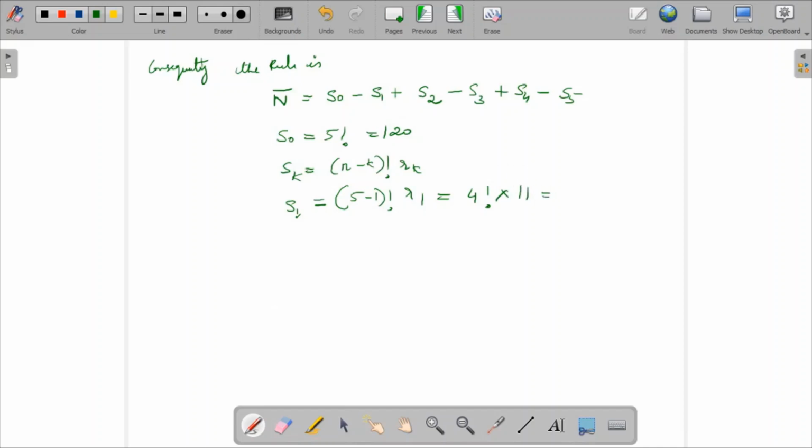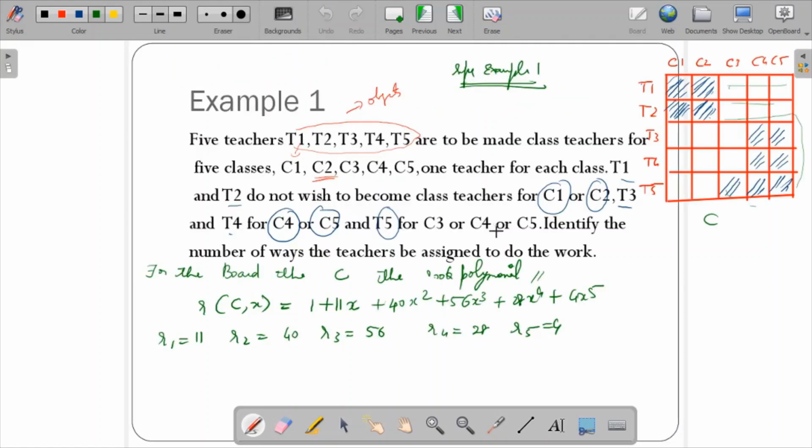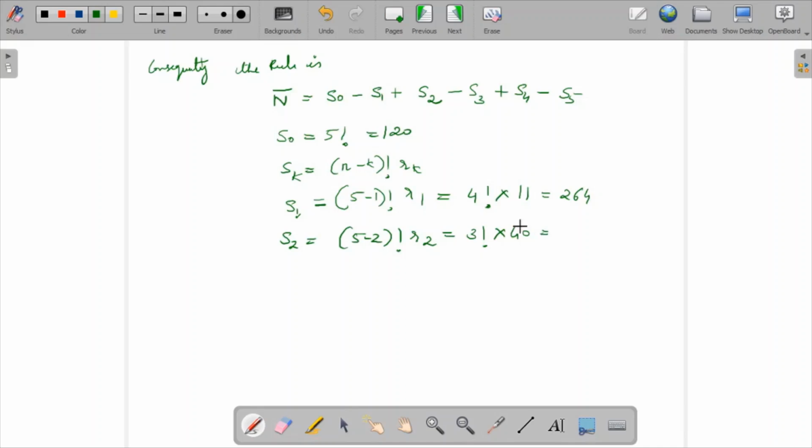So this results in 264. S2 is 5 minus 2 factorial into R2, that is 3 factorial into 40, which results in 240. S3 is 5 minus 3 factorial into R3, that is 2 factorial into 56, which is 112.